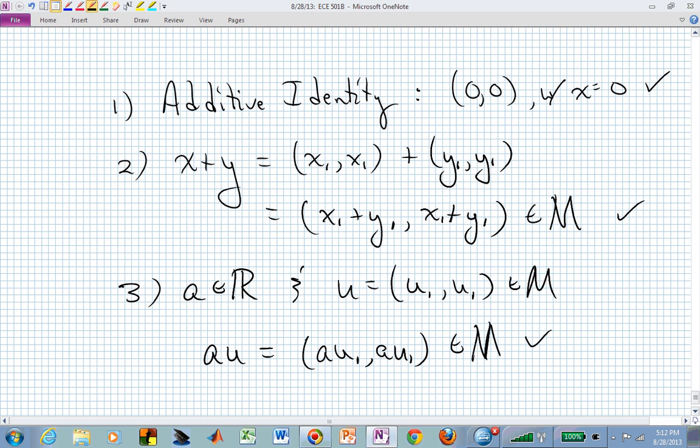So this 45-degree line passing through the origin is a subspace of the two-dimensional plane. M is a subspace.